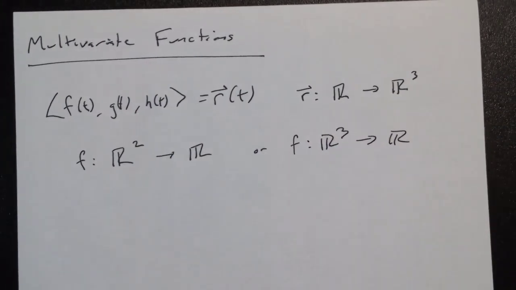Now, for our purposes, we'll primarily stick to R2 and R3, but the same thing applies to any dimension. And that's a multivariate function, a function of multiple variables. So now we're only getting one number out, but it depends on multiple inputs. You experienced this today.